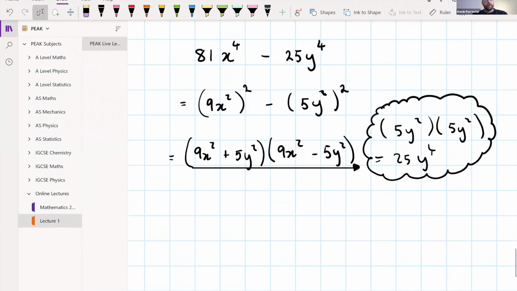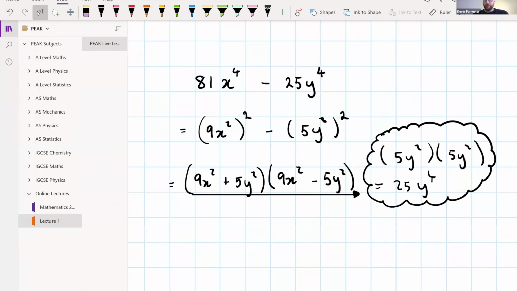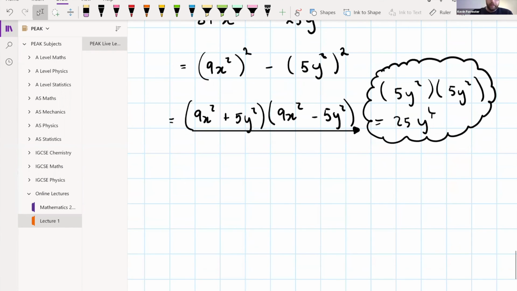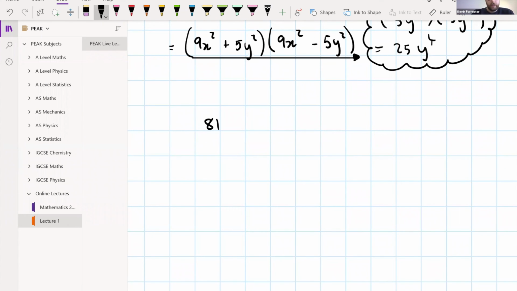Now let's see if I can make up an example that makes us do the difference of 2 squares twice. So we have 81x to the 4, same as before, except this time, let's see, what's a nice one? Let's try 16. 16 is a good number.